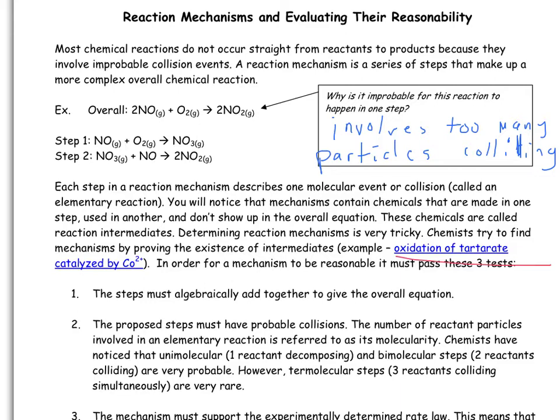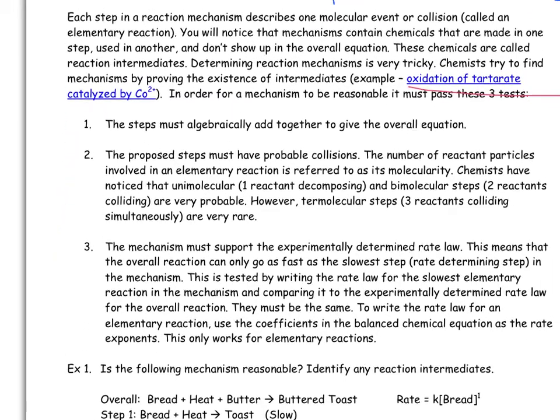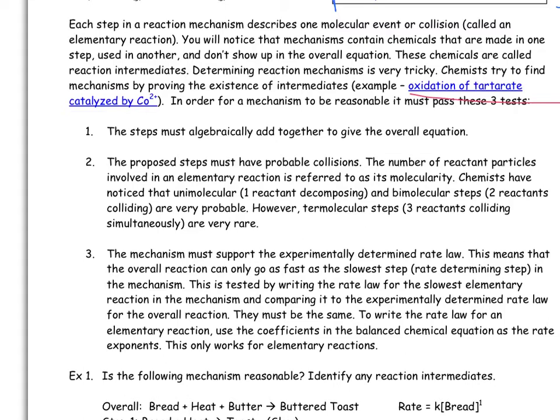In order for a mechanism to be reasonable, it must pass these three tests. Test number 1, the steps of the mechanism must algebraically add together to give you the overall equation. Test number 2, the proposed steps must have probable collisions. The number of reactant particles involved in an elementary reaction is referred to as its molecularity.